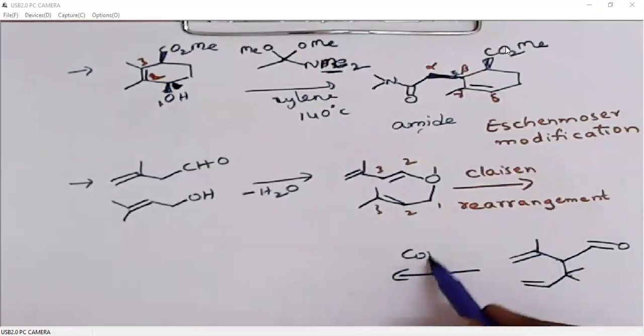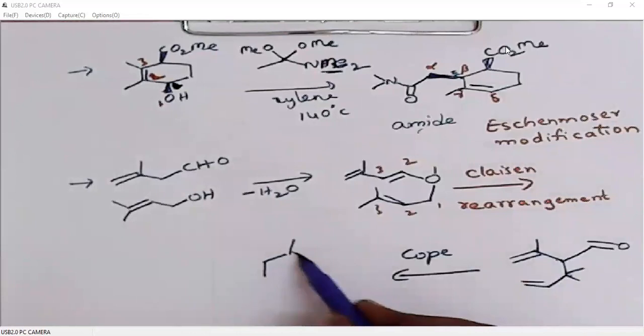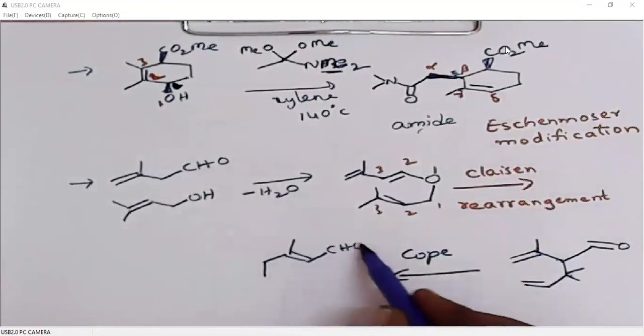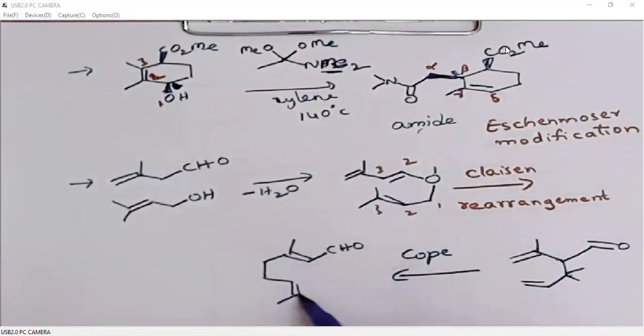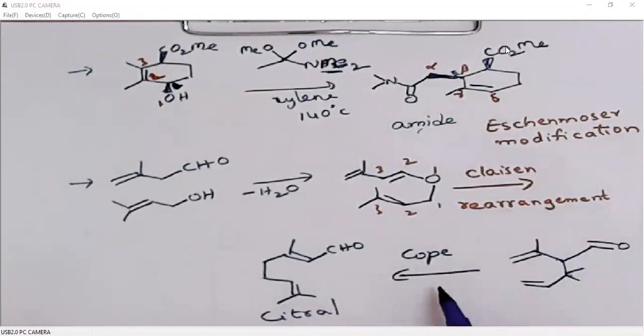So again, it undergoes Cope rearrangement to give this final product. It is called citronellal. Sorry, this is citral, and it is the industrial preparation of citral. So the industrial preparation of citral involves a Claisen rearrangement followed by a Cope rearrangement.